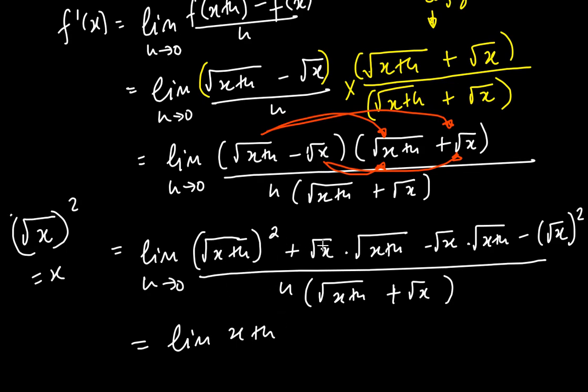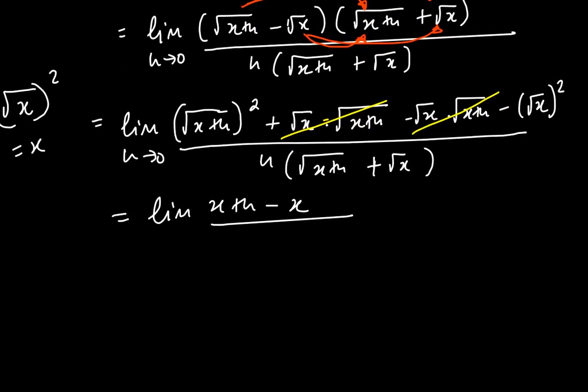And then this whole thing is gonna cancel that, because it's the same thing but the signs are different. And then here you're gonna have minus, and square root of x all squared is just x. All right, then we have divided by, our h is still approaching 0, h into root x plus h plus root x.